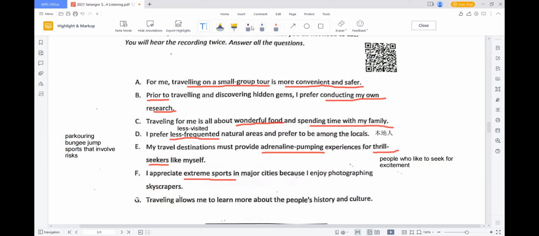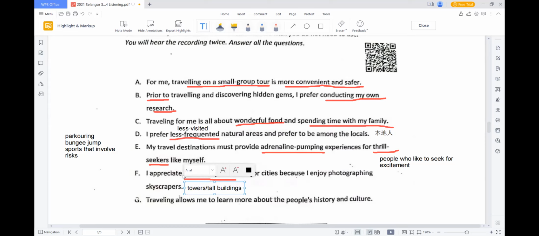What is the meaning of skyscrapers? Do you know the meaning? What is skyscrapers? That means the tower, right? That means the tall buildings, the towers, tall buildings, these are called skyscrapers, 就是摩天大厦.